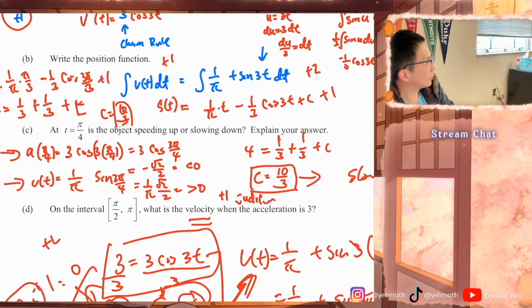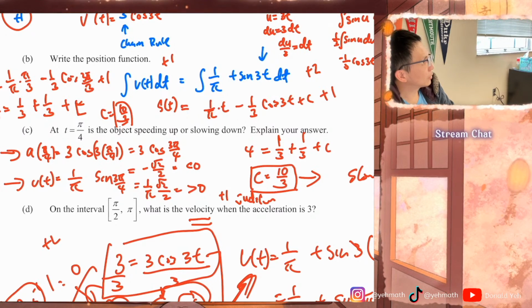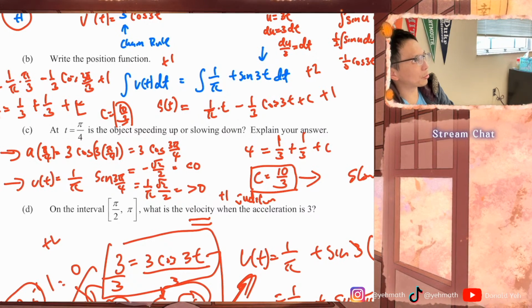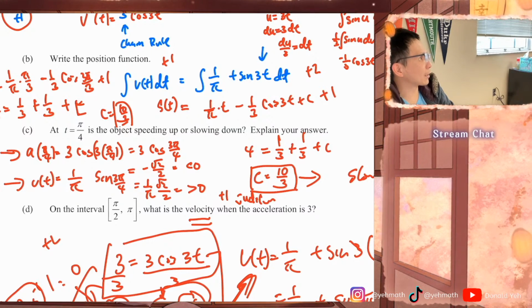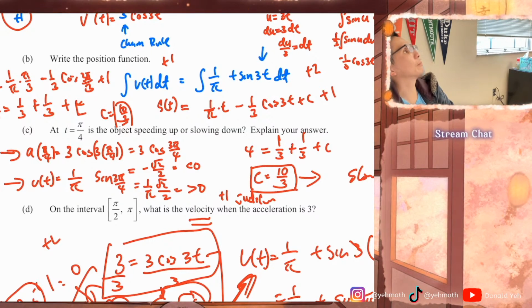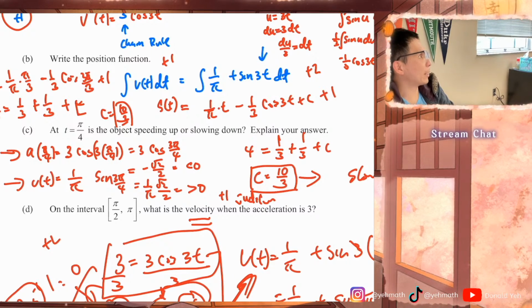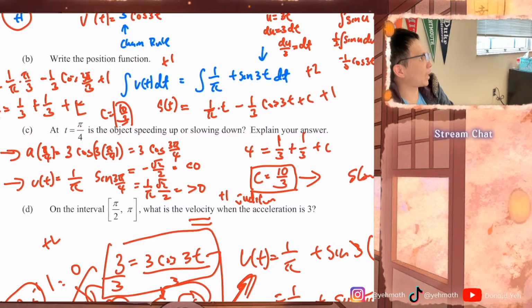If it's left, the velocity is negative, but does the acceleration have something to do with it? No, left and right has nothing to do with acceleration. If a particle is traveling left, its velocity is negative, or traveling down, its velocity is negative. So if it has negative velocity and negative acceleration, it's still going left, and it's speeding up going left. And you can be positive and speeding up going right.